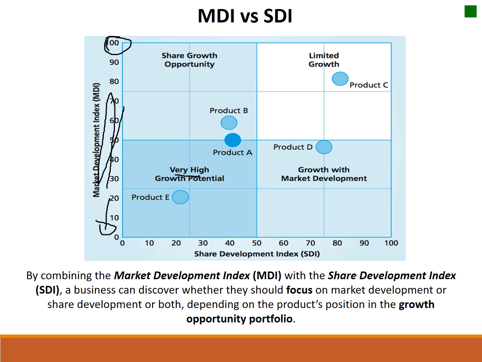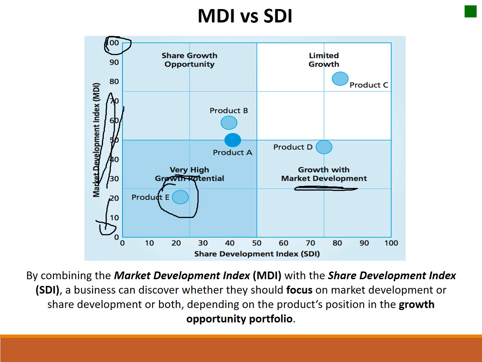Moving this way, we have opportunities where we can grow our share. Right, so we're growing our share, or we have high share already. So if we're looking to grow, we actually want to find a product like right here.